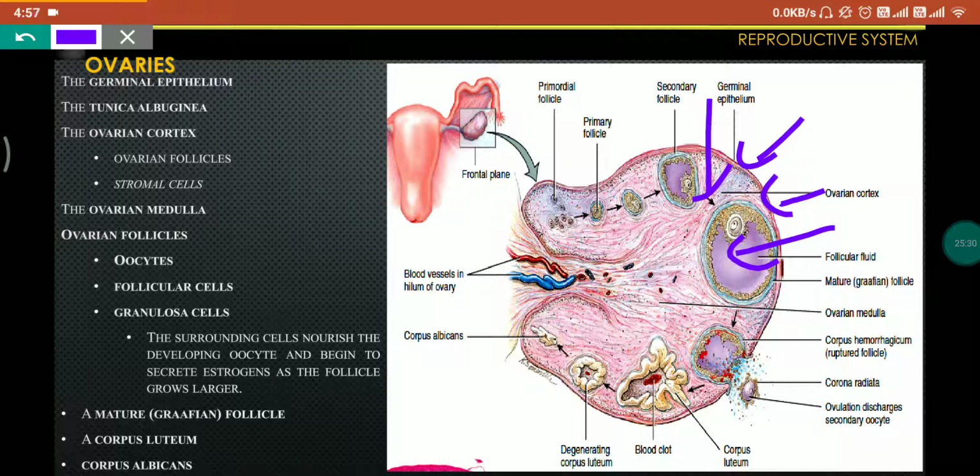Follicles means the Graafian follicles, the primary ovarian follicles, which we will later see in the production of ova, oogenesis.